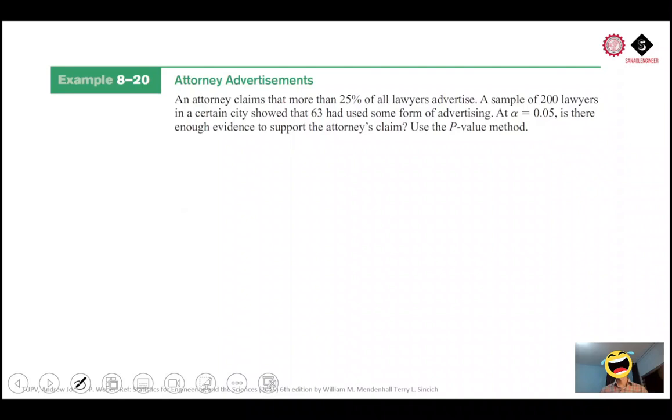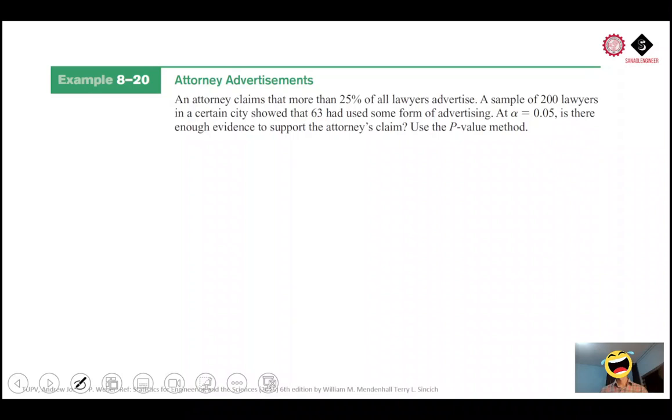Another example. An attorney claims that more than 25% of all lawyers advertise. A sample of 200 lawyers in a certain city showed that 63 had used some form of advertising. At alpha of 5%, is there enough evidence to support the attorney's claim? Use the p-value method.